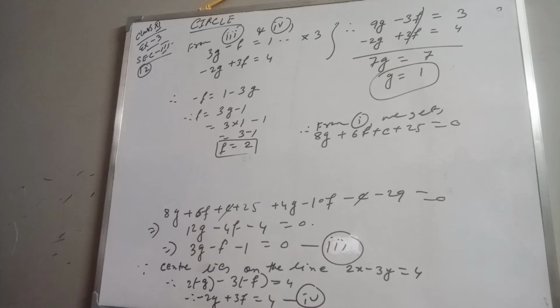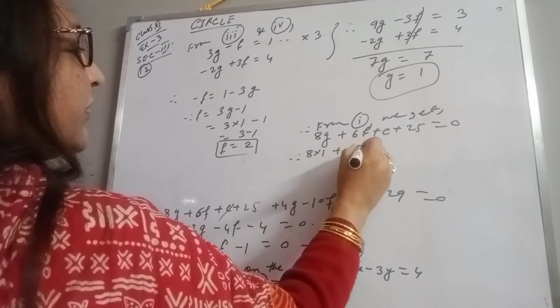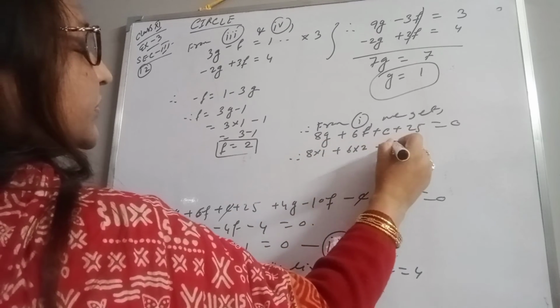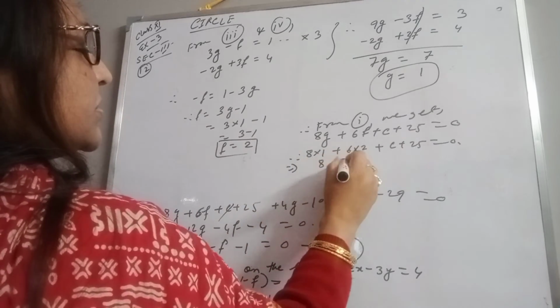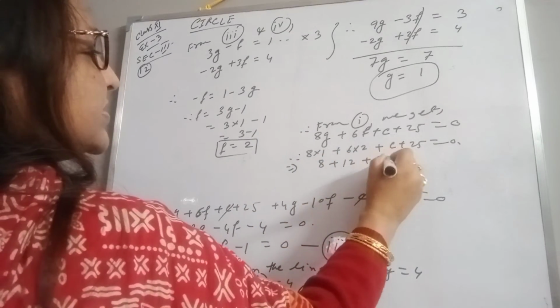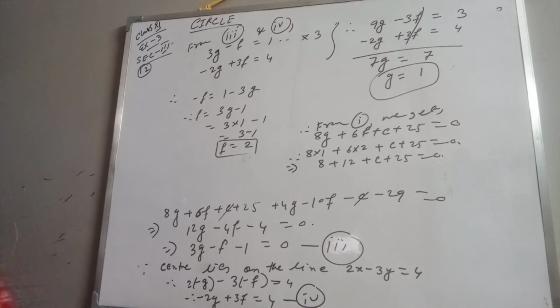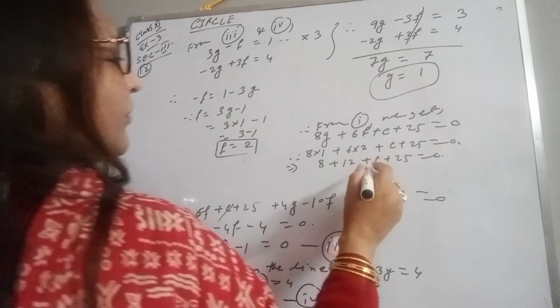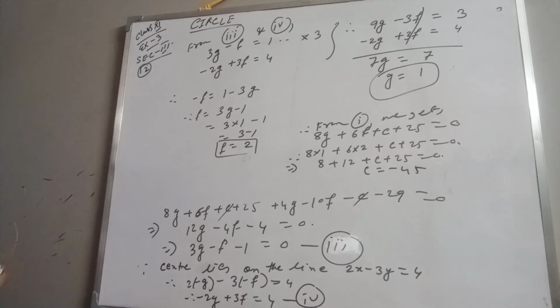Now put the values of g and f in this equation. Therefore 8 into 1 plus 6 into 2 plus c plus 25 equals to 0. So 8 plus 12 plus c plus 25 equal to 0. 12 plus 8 is 20, 20 plus 25 is 45, so c equals to minus 45.